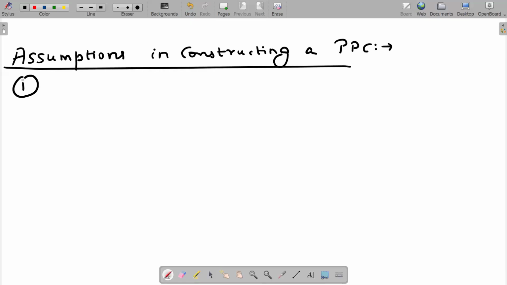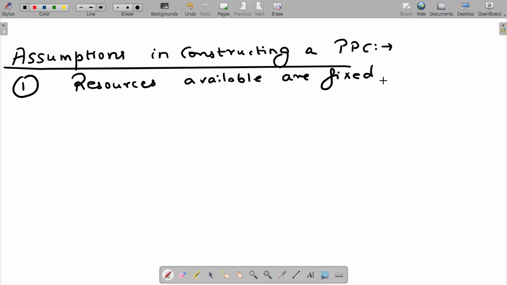The first assumption is when you are making one particular PPC, you assume that the resources, which are land, labor, capital, entrepreneur, are fixed. They are not changing. When resources change, it will cause a shift in the PPC.